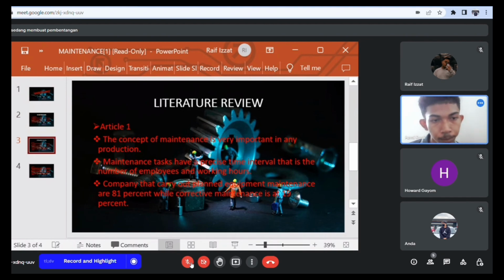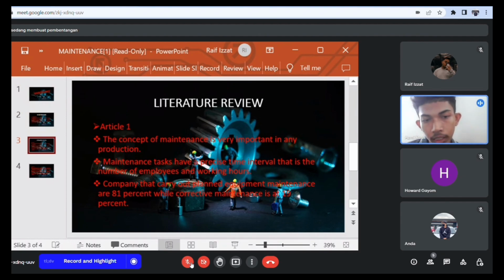Second, maintenance tasks have the right time, which is the number of employees and working hours. Actions carried out in condition-based maintenance must be properly understood so that they can determine based on the system.